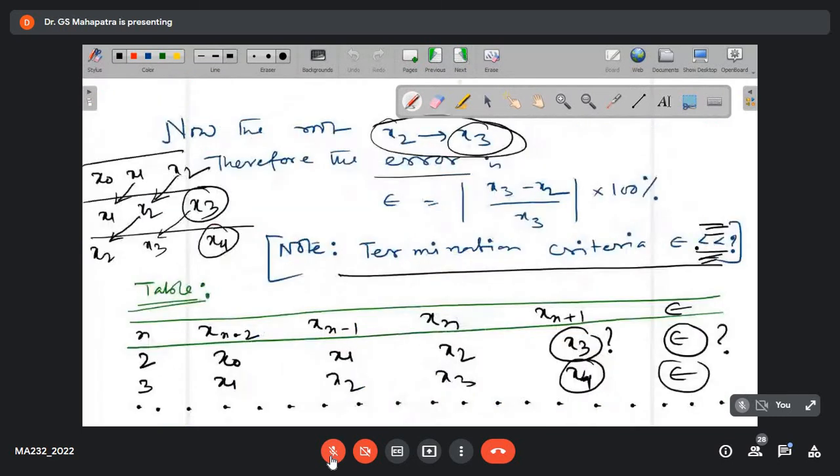But in the table you are writing x1, x2, x3. So what you have to consider? This is the new x0, this is the new x1, this is the new x2. Fine. I should write in a different color, then it will be better. So you have to consider this one is the new x0, this is the new x1, this is the new x2. Any doubt?